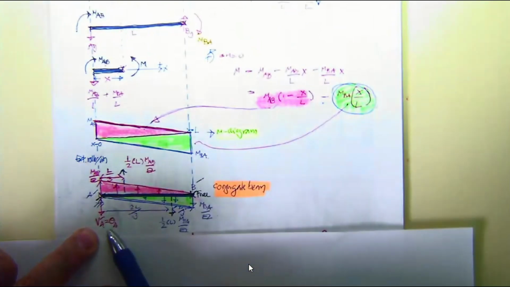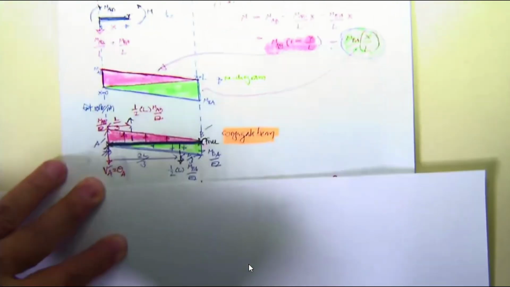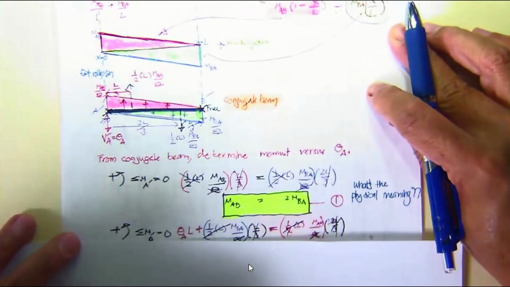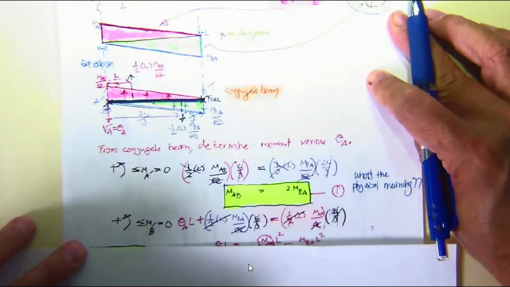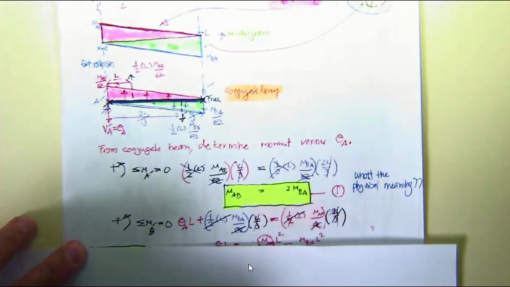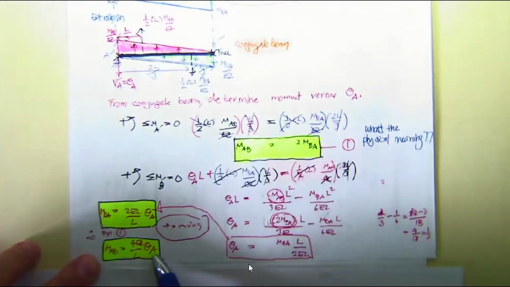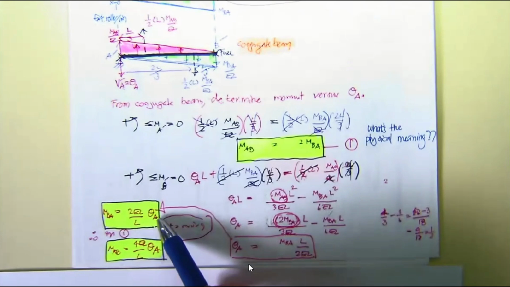You put it over here, then follow what we have here. You may determine that M sub AB is 2 times M sub BA. Later you will get M sub AB as 4 EI over L zeta sub A, and half of it, 2 EI over L zeta sub A.